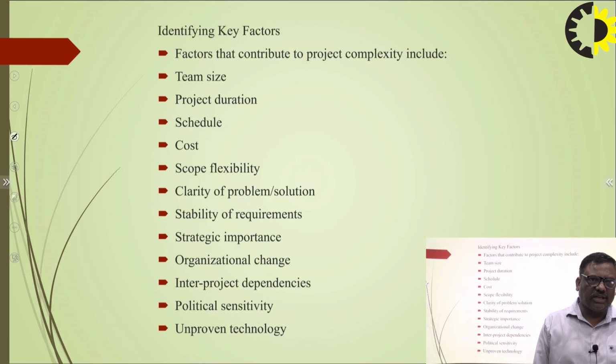Project duration, that means time slot, schedule, cost, that is budget, scope and feasibility study. Feasible scope means whether this one is feasible or not, and whether there is scope in the market or not. Clarity of the problem and finding a clear solution.